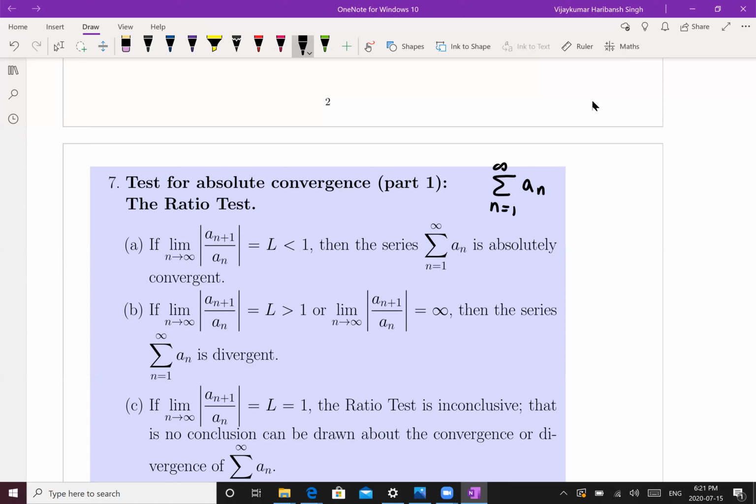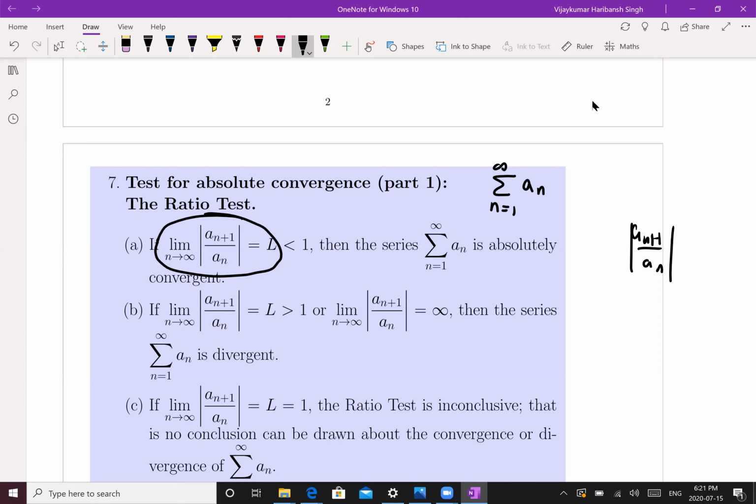So what you do is you take the ratio of the n plus 1 term divided by an, so you're taking a(n+1) upon an. That's why it's called the ratio test. You take the absolute value of this and take the limit of it as n goes to infinity. You call that limit L.